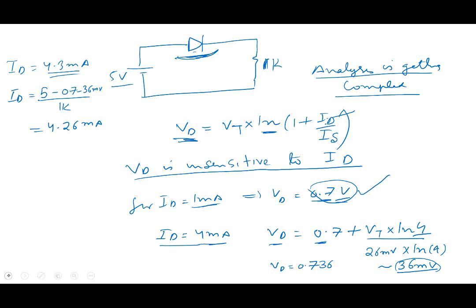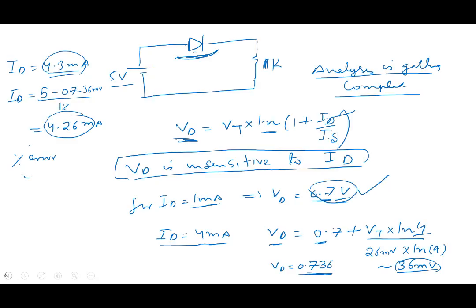But what impact does it have? We are saying VD is not very sensitive to ID. So if I assume 0.7, and it's actually 0.736, what difference does it make finally to my current calculation? Instead of 4.3, I'm getting 4.26. What is the percentage error?